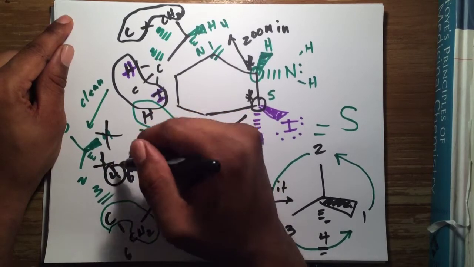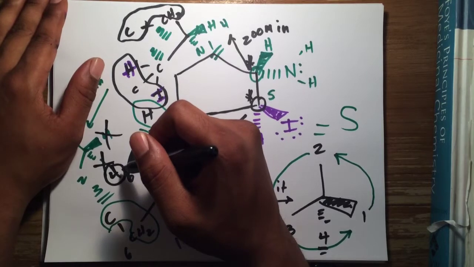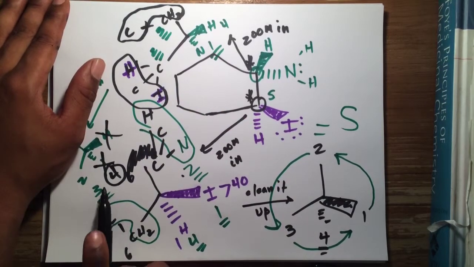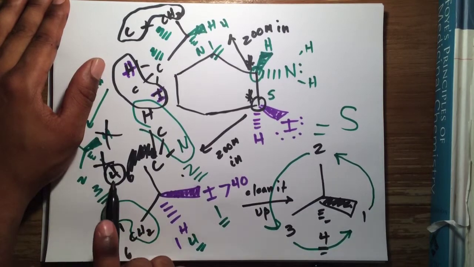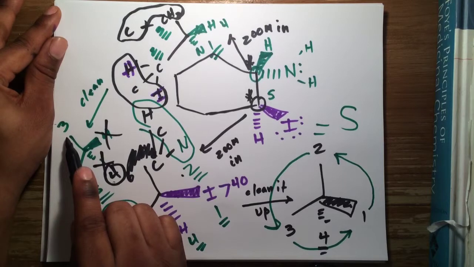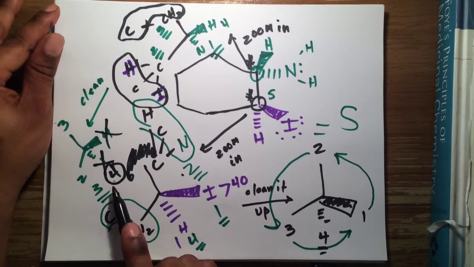Now we have some numbers floating around in limbo. We have the 4 in the back, and up top we have 3, which can't move. The 4 can't move either, because it has to be in the back.